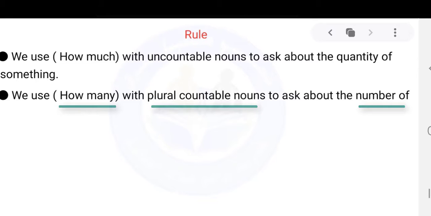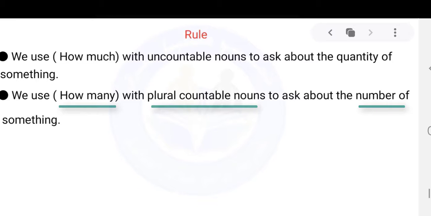How many students are there in grade 7 today? There is only 1 student. Although the answer is singular, one student, the word in the question came in the plural form. So we use how many with plural countable nouns to ask about the number of something.